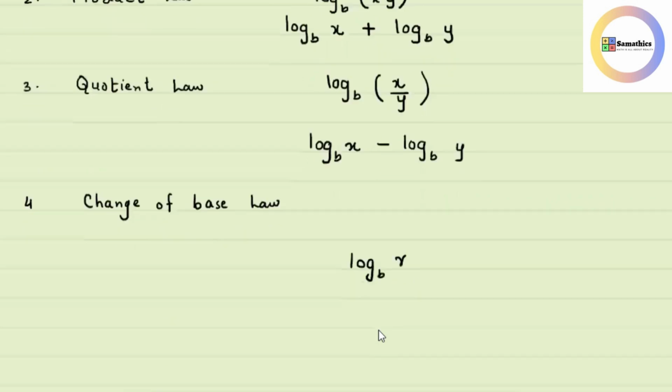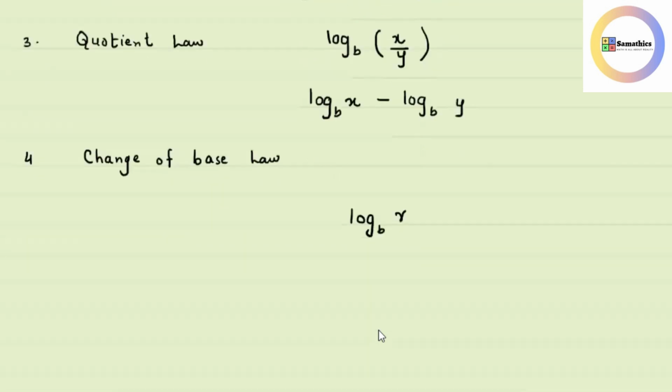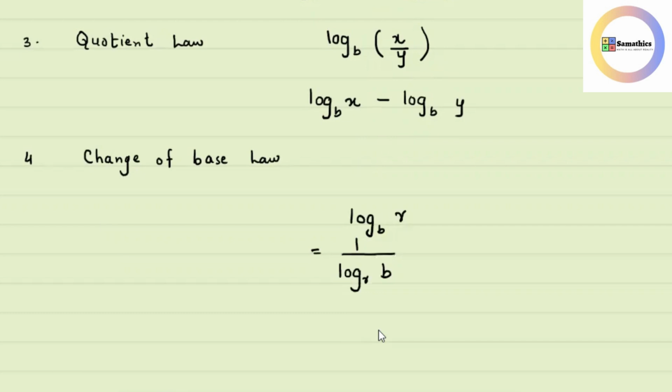Then you can do it in two ways. One is that you can write it as 1 upon, if you want to make r the base, then you can take it to the denominator, so it will become 1 upon log to the base r of b, right? One of the ways is this.